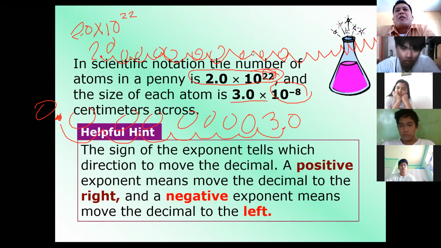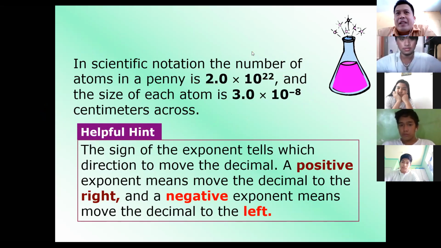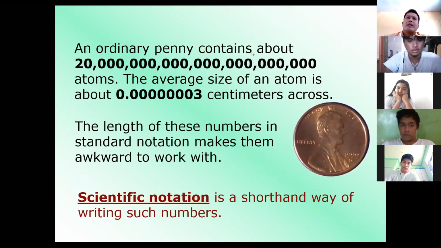A positive exponent is a whole number. A negative exponent is a decimal number. From the examples a while ago, we have here 20 sextillion. This is the whole number. The size of an atom, in centimeters, is a decimal number.